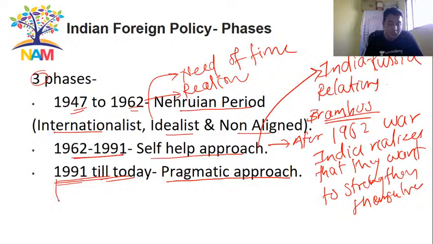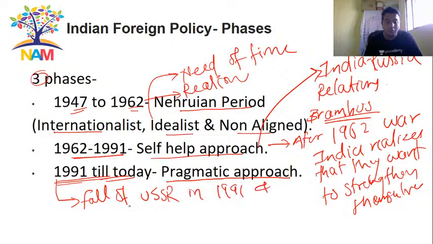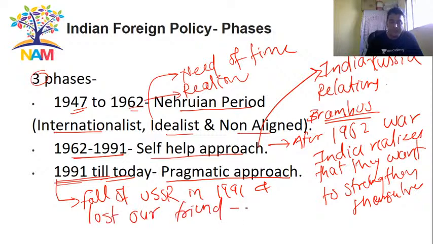Next, we mentioned that from 1991 till today, India followed the pragmatic approach. And why is it so? Yesterday I mentioned that it is the fall of USSR in 1991, and we lost our friend. Russia was weak at that time.